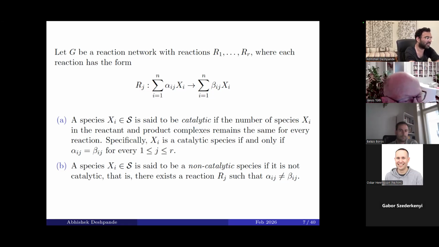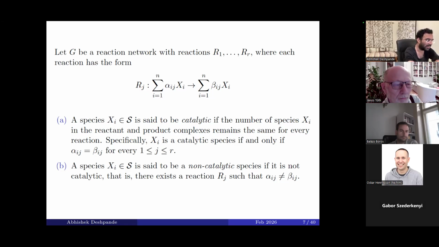But essentially the basic idea being that the number of species remains the same, and we are going to use catalytic species throughout the talk to build modules that can implement machine learning algorithms. And of course, it is non-catalytic if it is not catalytic, right? Even if there exists just one reaction, you don't need this to be true for all reactions.